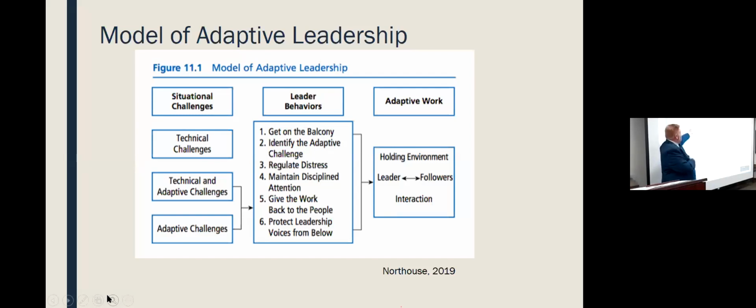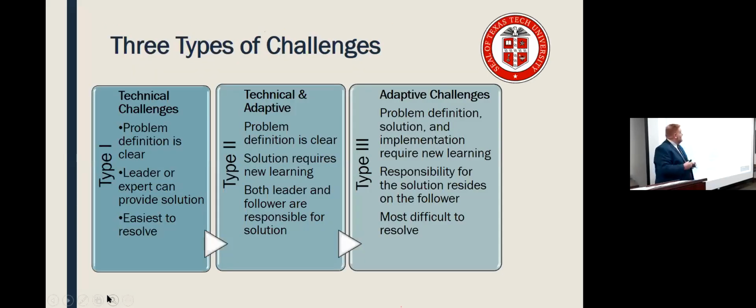Now, the first one is going to be this challenges section. If we think about challenges, there are 3 types of challenges that you will encounter. And part of adaptive leadership is deciding what type of challenge you, or this group or community or organization that you're working with, are trying to solve. I want to talk about these 3 types of challenges or problems briefly. The first one is technical.